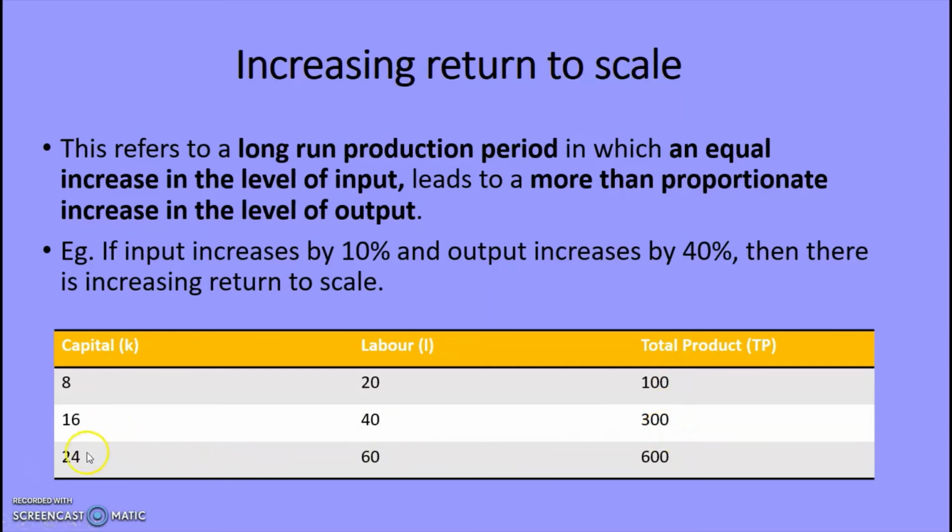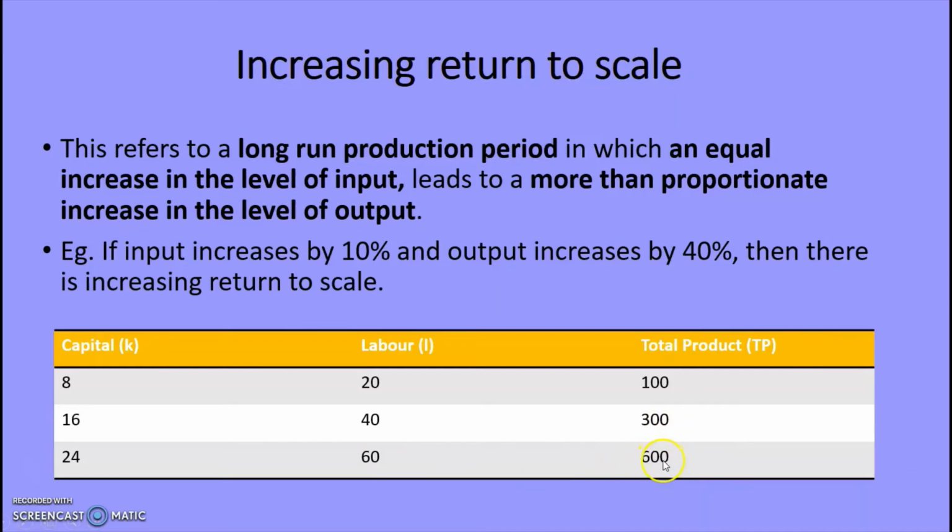Then lastly, we have the capital increasing again from 16 to 24, and that of labor from 40 to 60. Then we have another more than proportionate increase in the total product or the output from 300 to 600.